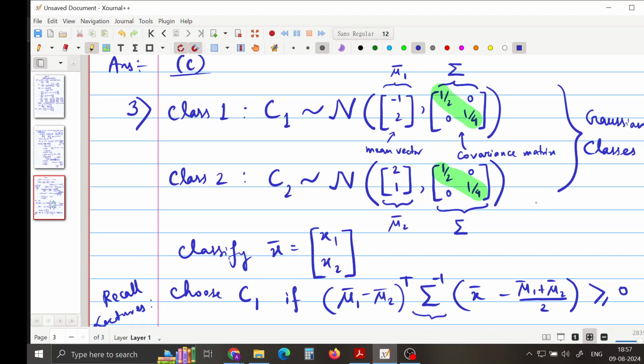Meaning that sigma inverse is simply, initially it was half and 1/4 along the diagonal, so you take their reciprocal, so it becomes 2, 4, and the off-diagonal elements are still 0. For a diagonal matrix, you can find the inverse in just one line.